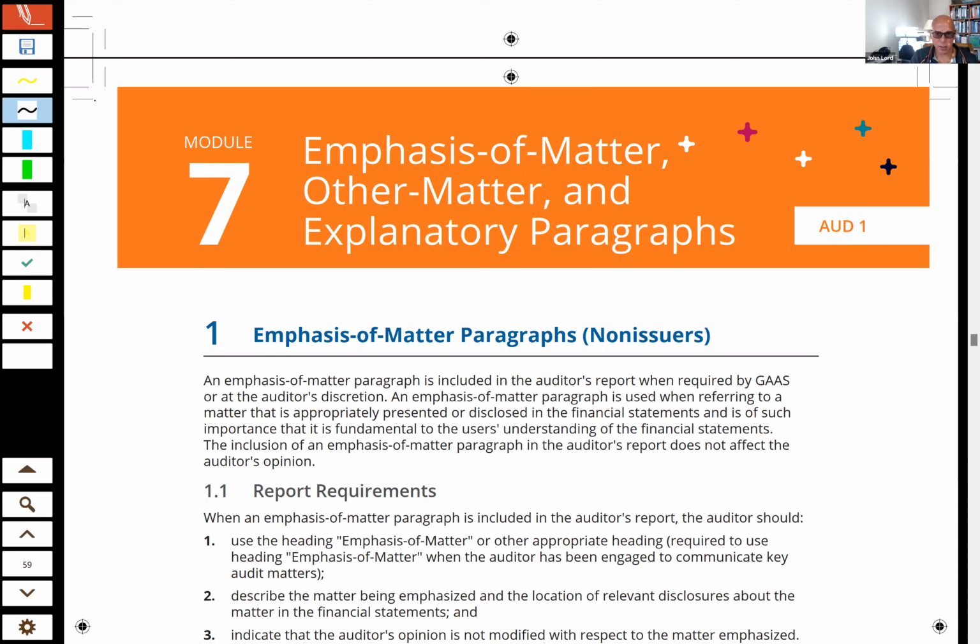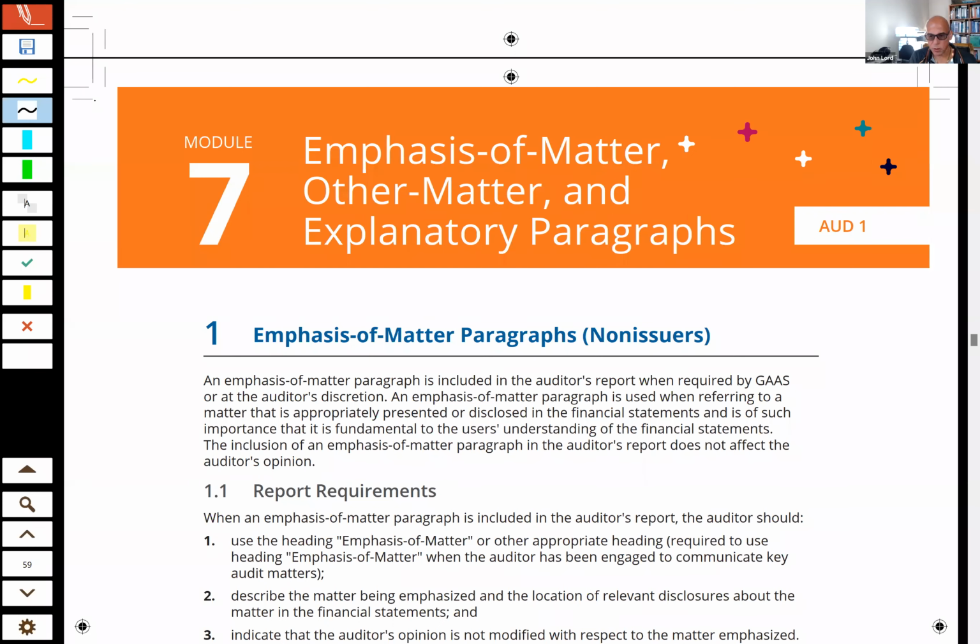On the GAAS side, where we're not able to comply with the generally accepted auditing standards entirely, we could go from qualified, we use the same word for not as pervasive problems for both the GAAP and the GAAS problems, down to, and we use a different word, disclaimer of opinion, if our GAAS problems become more pervasive.